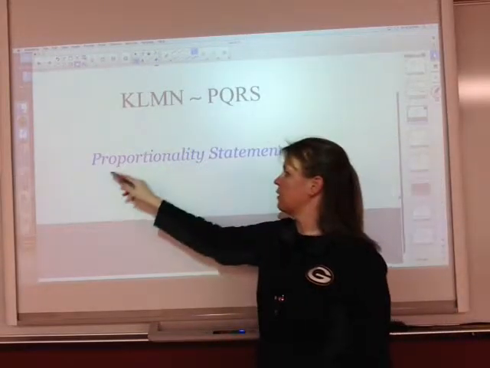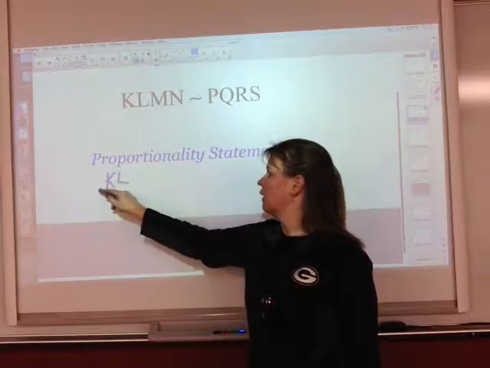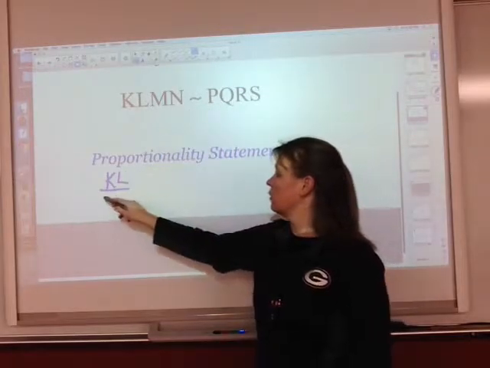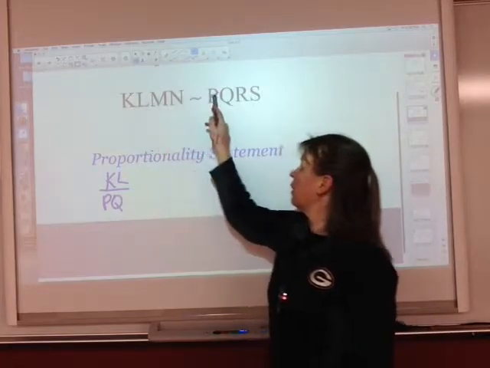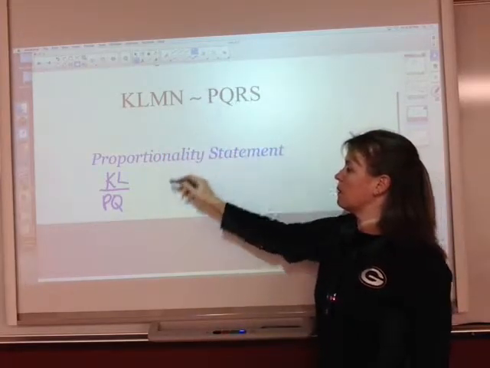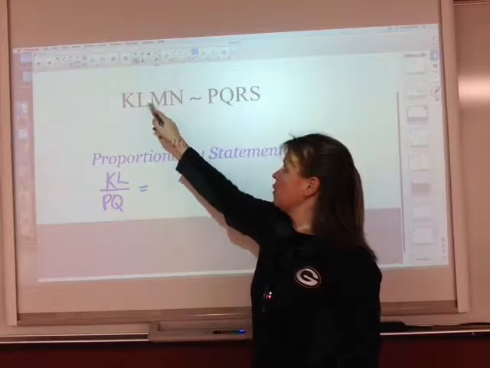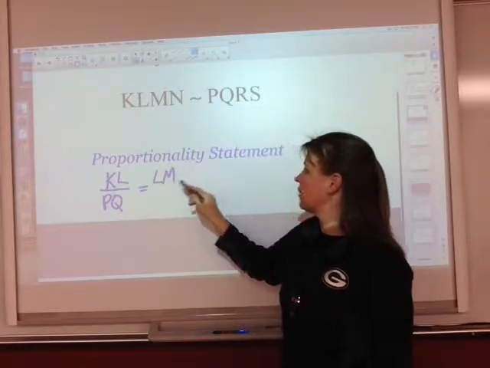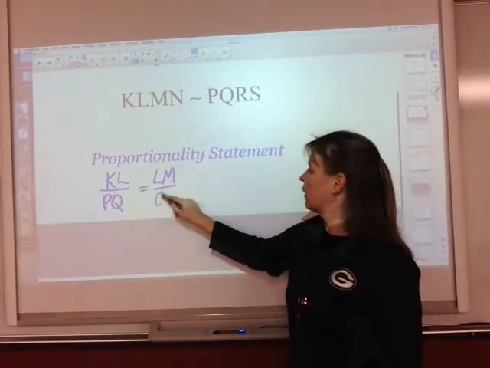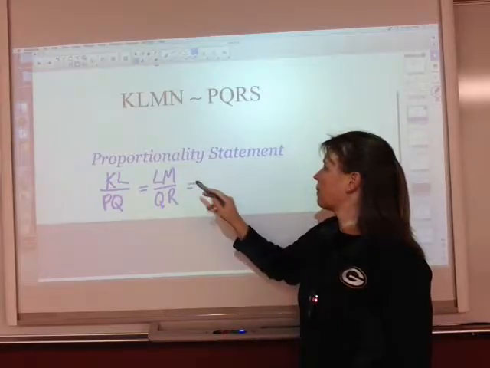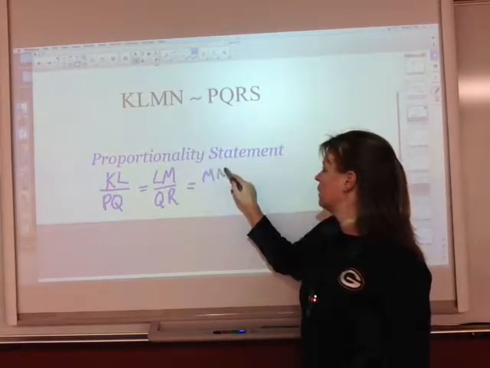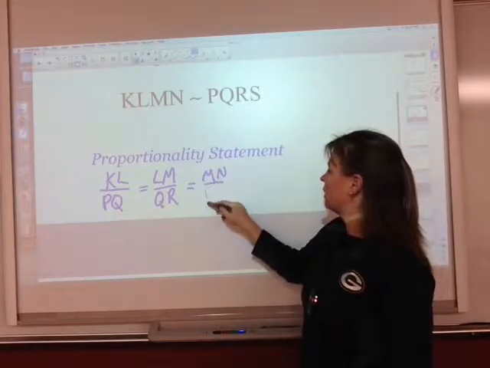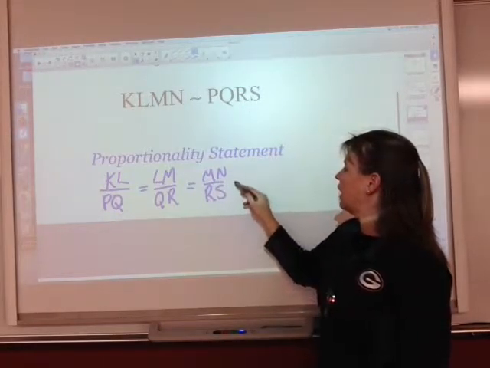So I'm going to take my first segment, or my first side, KL, and it's going to equate to PQ. Segment KL over segment PQ, or the measure of those, will be equal to whatever the length of segment LM is, and the length of segment QR. Your third side will be segment MN, which is in a direct relationship to segment RS.